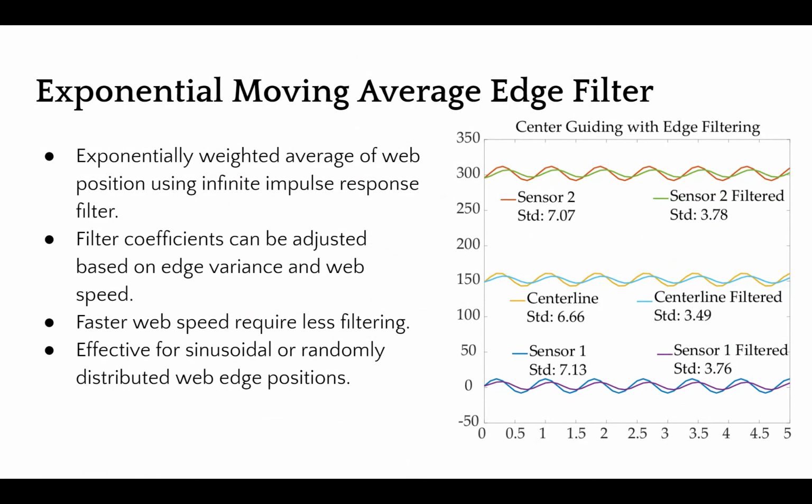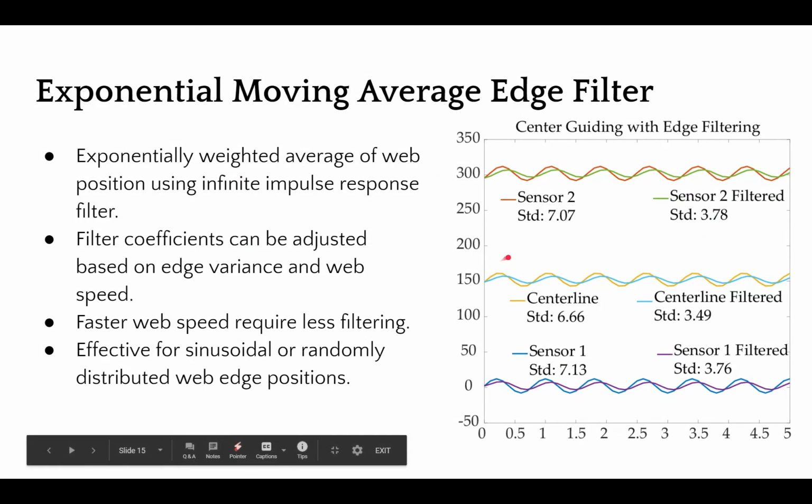When you don't have a really nice edge, and you don't really want the web guide to follow those edges all the time, you just want a gross positioning of the web, you can also filter the edge position.